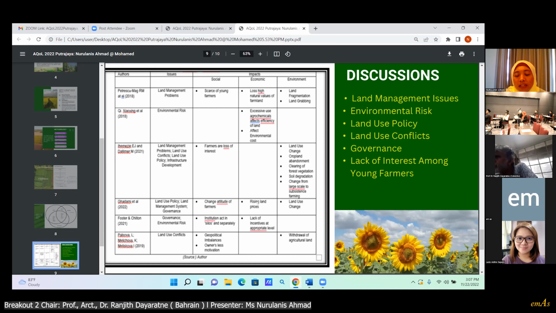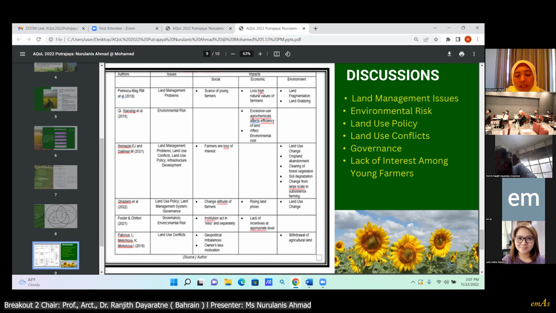The result is higher land value, rising land pricing, and farmers start to sell their land. It changes the attitude of farmers to sell the land because they want to enjoy the profit and the higher value of the land because of the land use change and the policy involved.